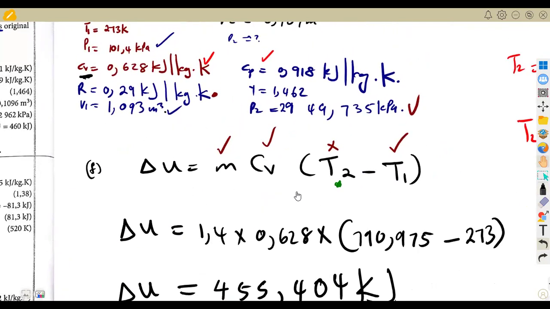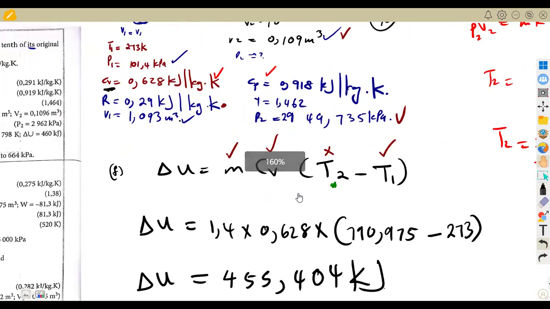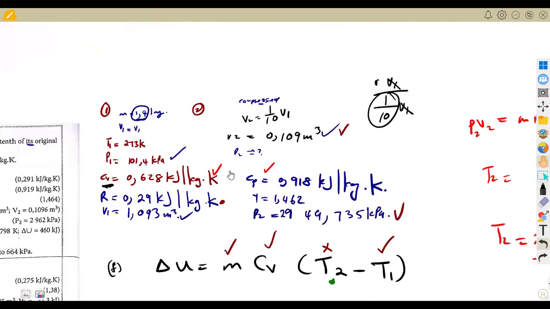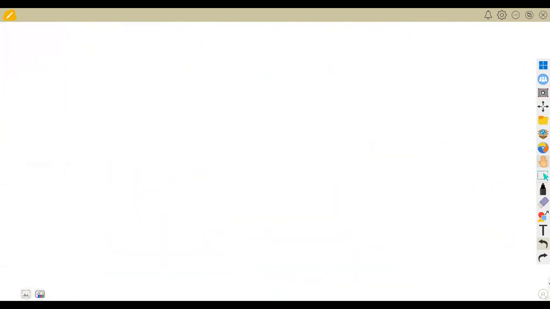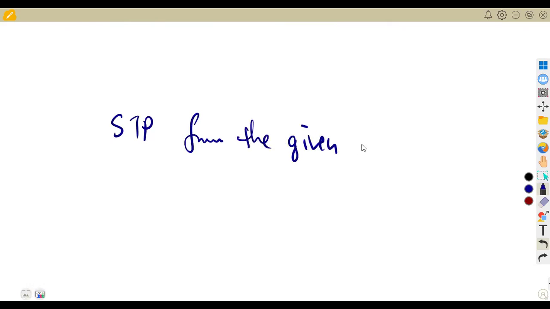So this is your STP condition. Your STP condition is just a normal calculation throughout. The only part that you need in the first place is when you are dealing with STP condition, from the given density that you are given.